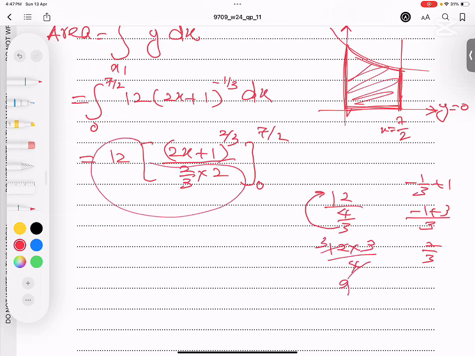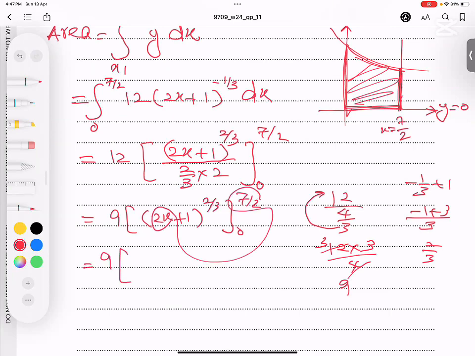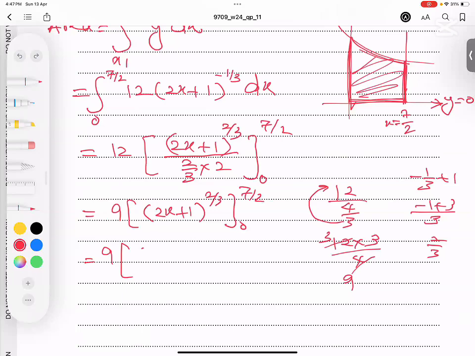So collectively, these all three values give us 9 outside. Inside I get 2x plus 1 to the power, sorry, 2 over 3. And 0 to 7 over 2. When I plug in the upper number, 7 over 2 goes here, 2 cancels, I get 7 plus 1, 8 to the power 2 over 3.